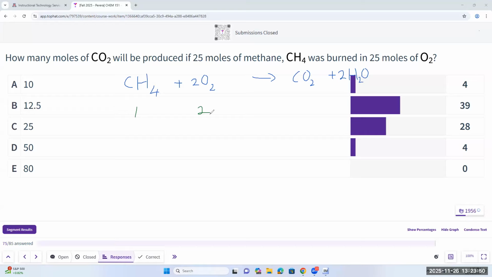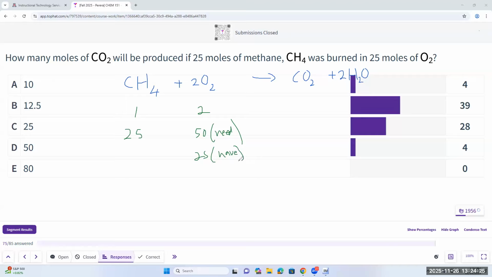I can interpret these equations or stoichiometric ratios as molecule ratios or molar ratios. They have the same meaning. So with 1 mole, you're going to need 2 moles of oxygen. But we are given 25 moles of CH4. To react with 25 moles of CH4, how many oxygen moles do we need then? We need 50. Thank you. We need twice that, right? This is what we need. So we need this much, but what we have is only 25.